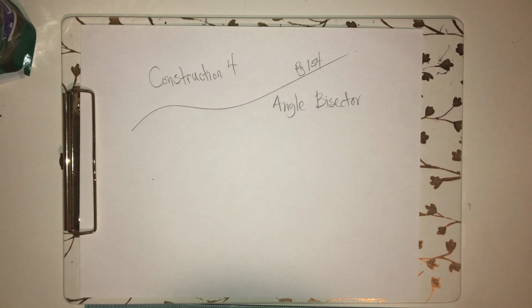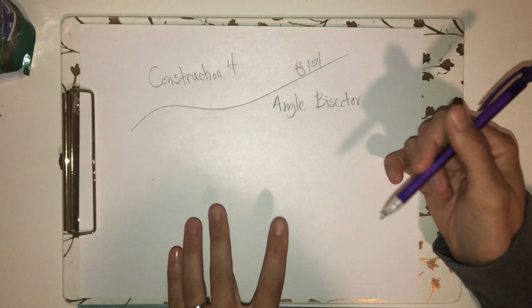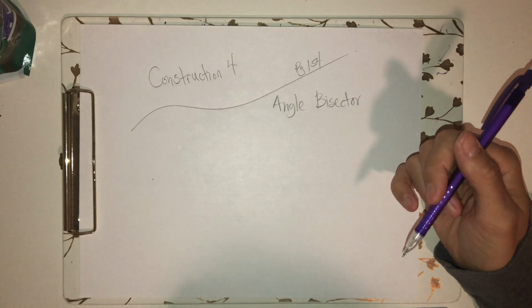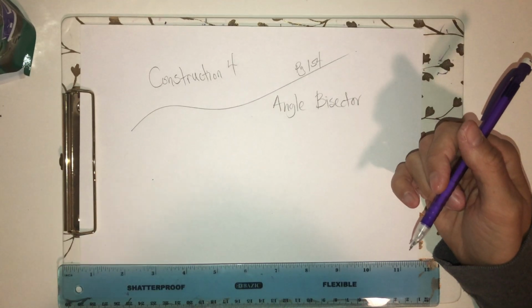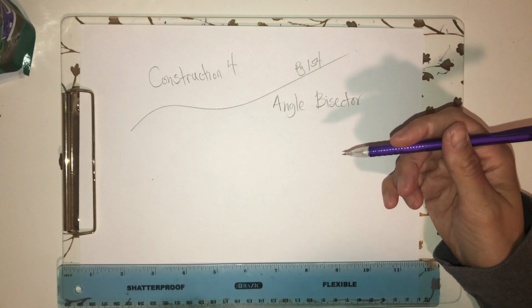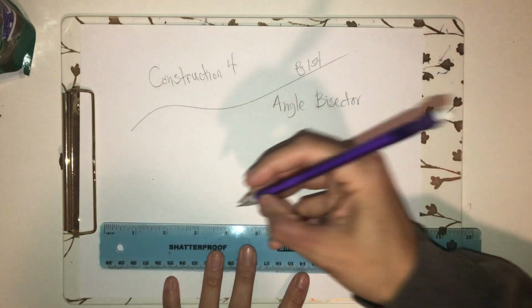For this one, we want to give ourselves a similar initial angle. Just an acute angle is probably the easiest one to work with. You can put this angle in the middle of your practice space because you're only going to work with one angle. We're going to create some generic angle for ourselves.